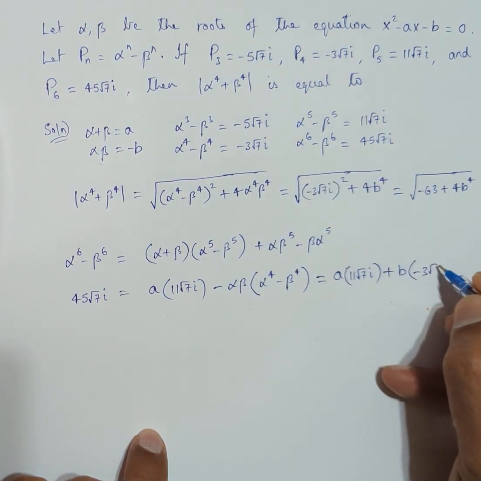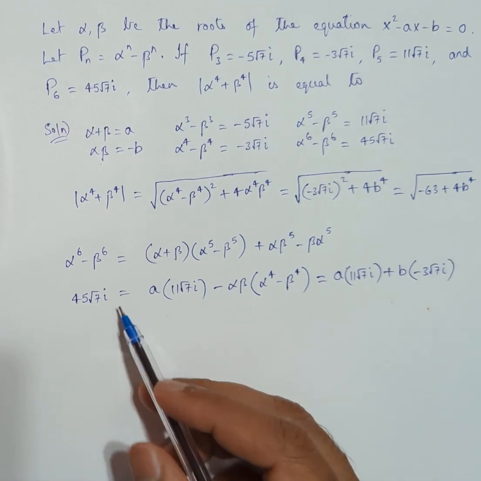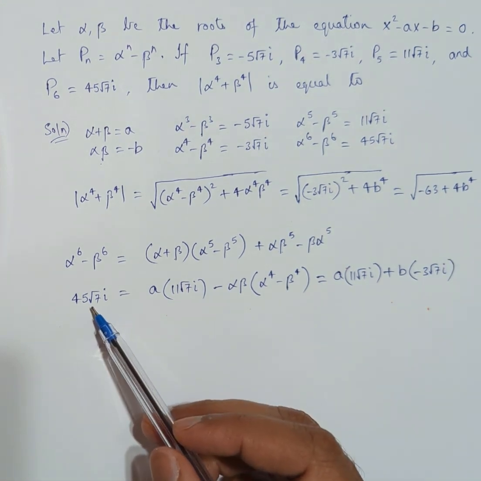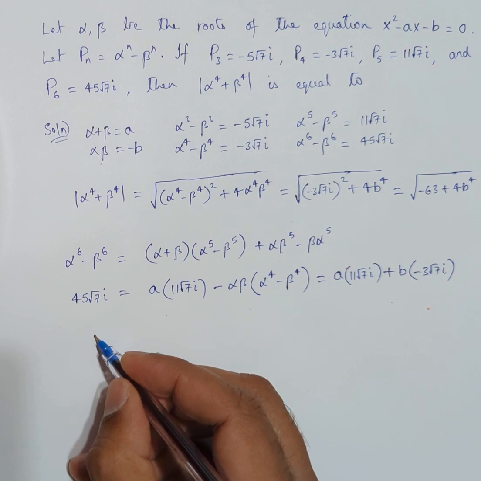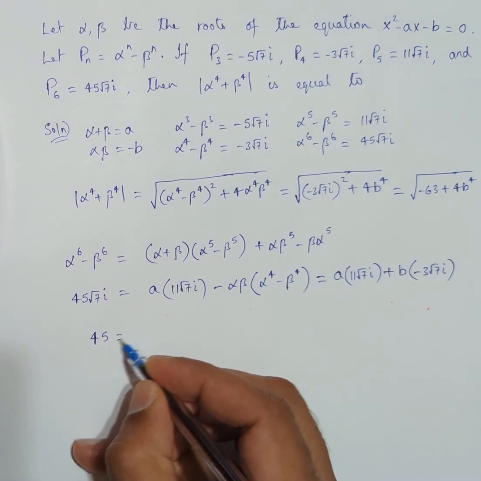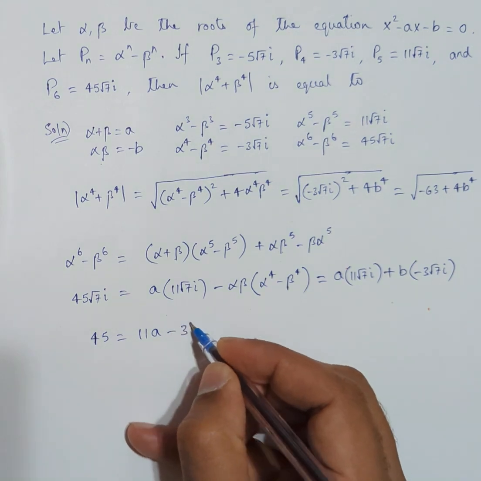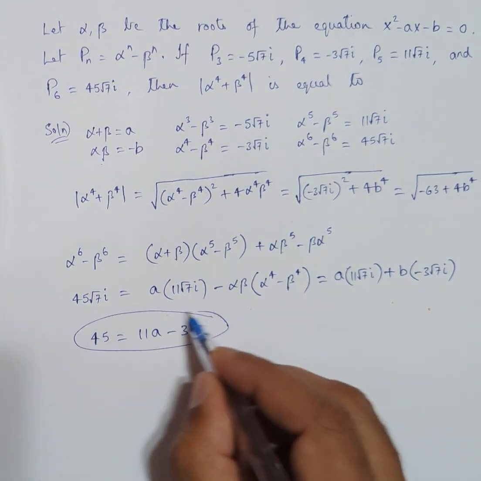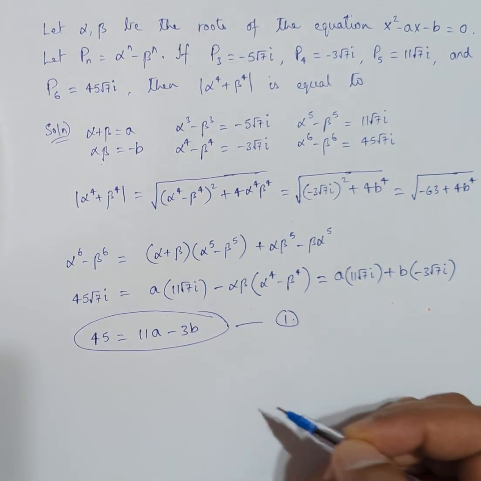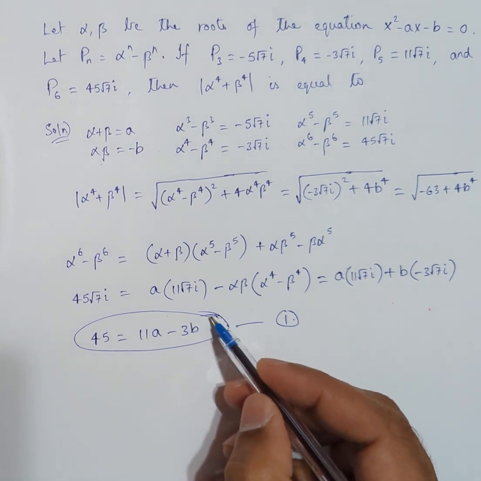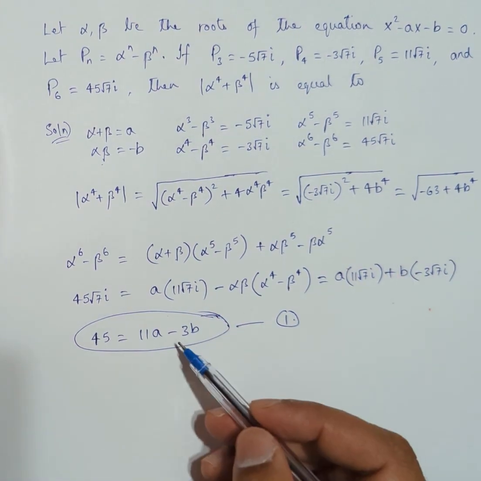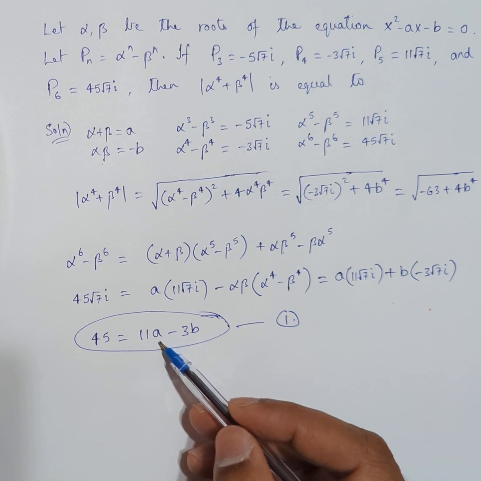It's negative 3 root 7i. So cancelling the common factor of root 7i, what we get is 45 equals 11a minus 3b. Call it equation 1. Now, as you can see, I'm interested in b, but I'll also have to solve for a.